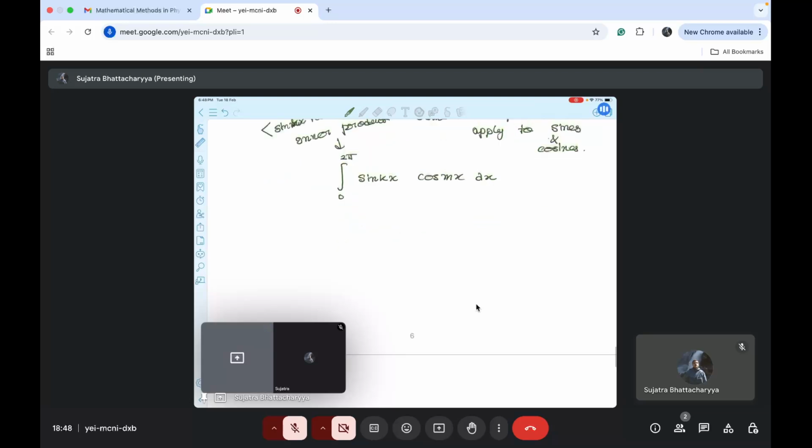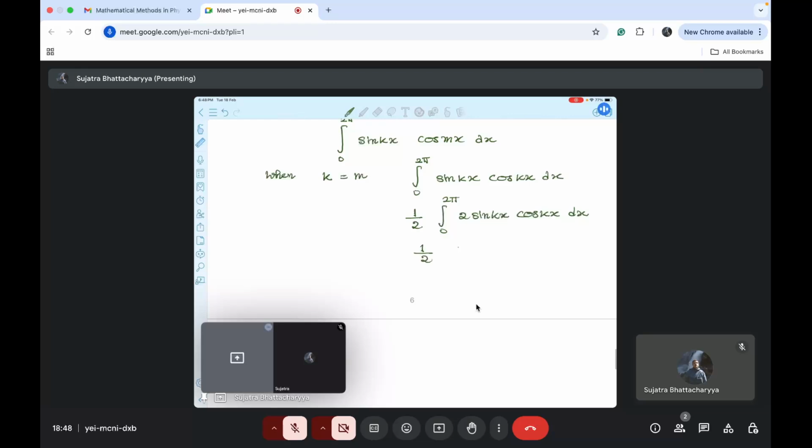Let's check the first criterion: when k is equal to m, what will happen? It will be the integral from 0 to 2 pi of sin kx cos kx, because k is equal to m. Now we divide by 2 and multiply by 2, so you get 2 sin kx cos kx. A very known expression within the integral from 0 to 2 pi, this becomes sin 2kx.